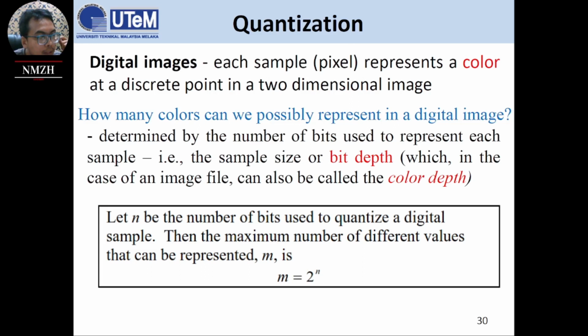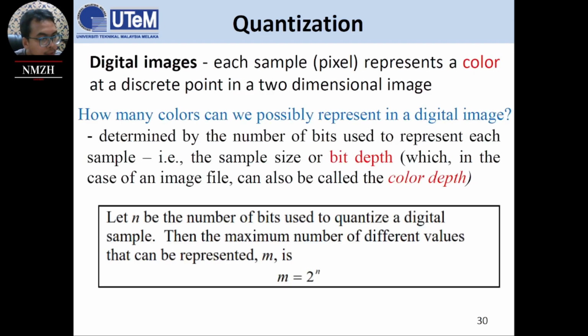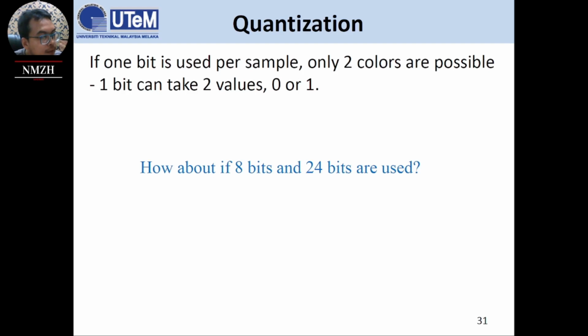So that would be the bit number. If 1 bit is used per sample, only 2 colors are possible, black and white. So for example, 1 bit is 2 power 1, meaning M is 2, either 0 or 1.